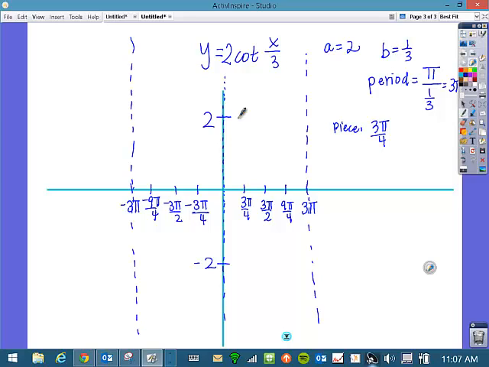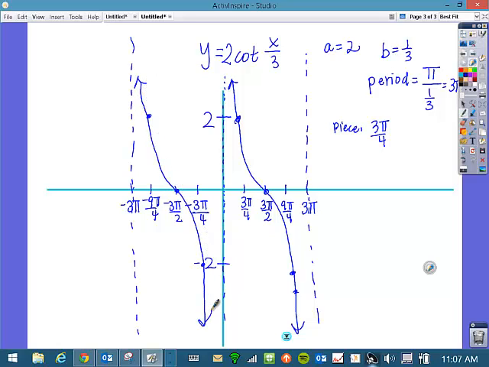And you start up on the left, middle, down. Ignore this point, it shouldn't be there. And that's the graph of y equals 2 cotangent of x over 3.